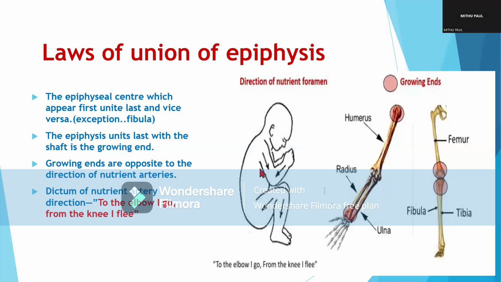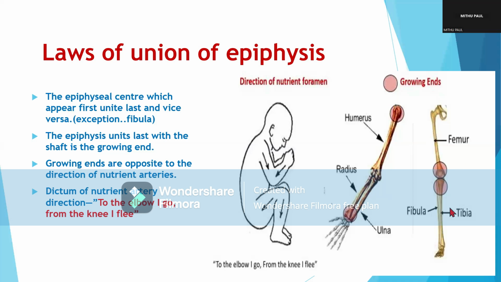So you can clearly say that the growing end in the superior extremity, such as humerus, with the nutrient artery towards the elbow or lower end, is the upper end or the head end. So in case of radius and ulna, the growing ends are the lower ends.